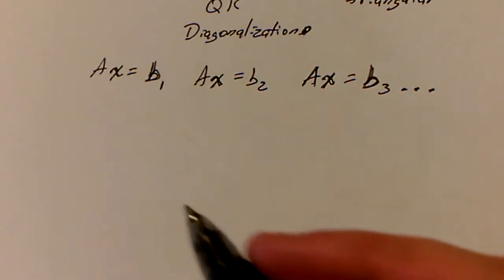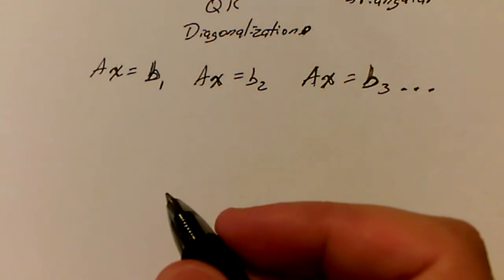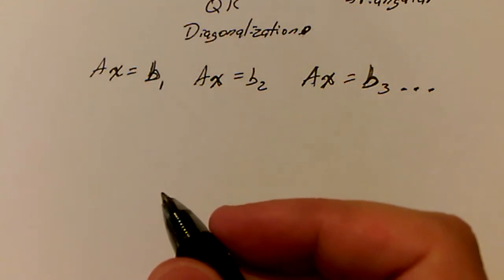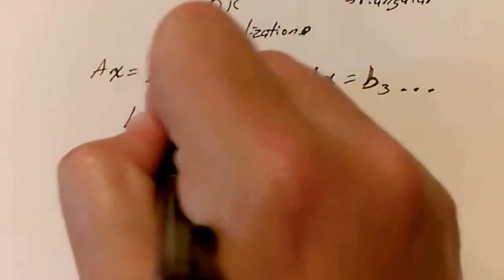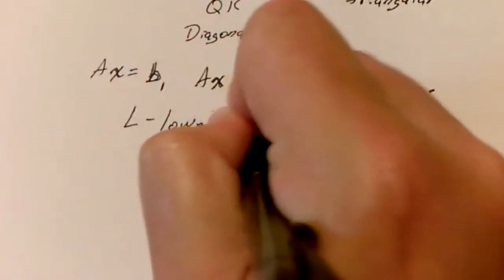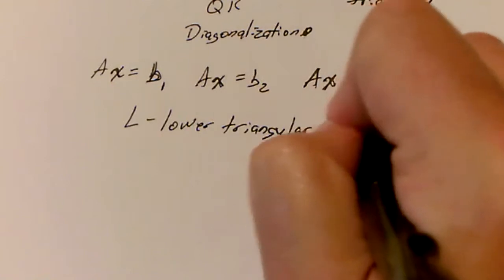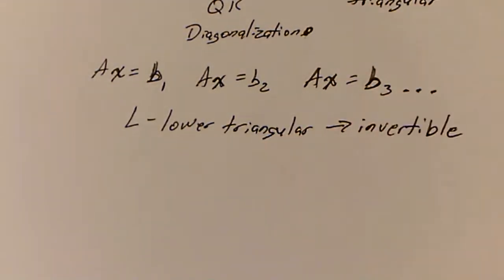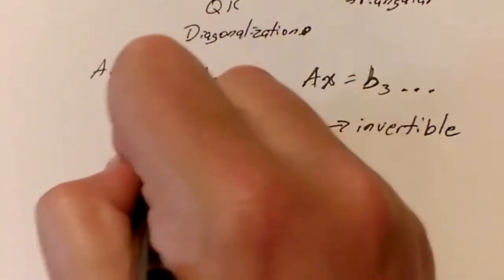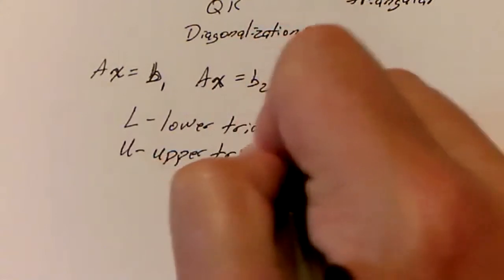So we're looking at factoring this, the LU factorization, where I have a matrix L that is lower triangular and thus invertible, and then a matrix U that is upper triangular, but I can't guarantee it's invertible.